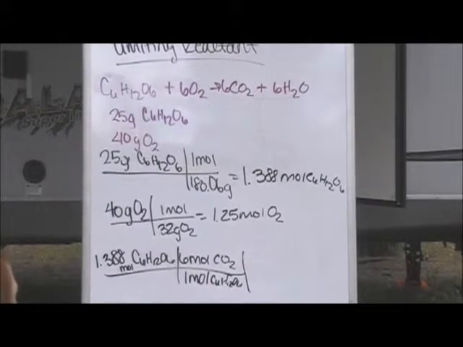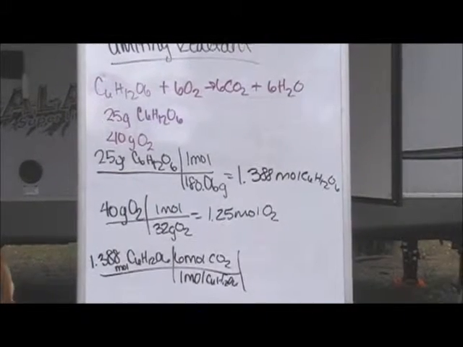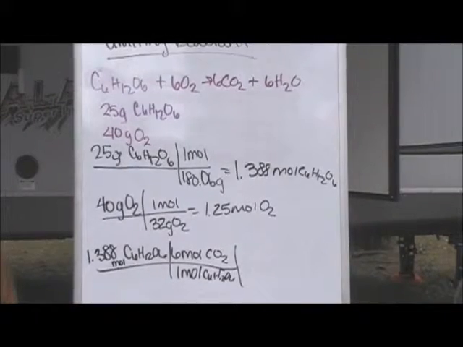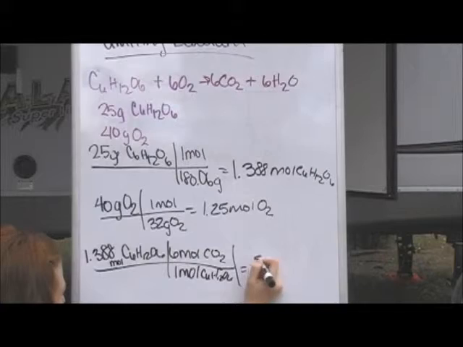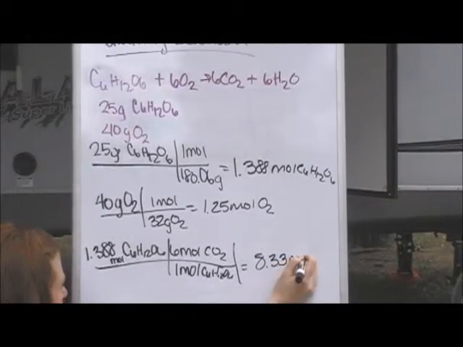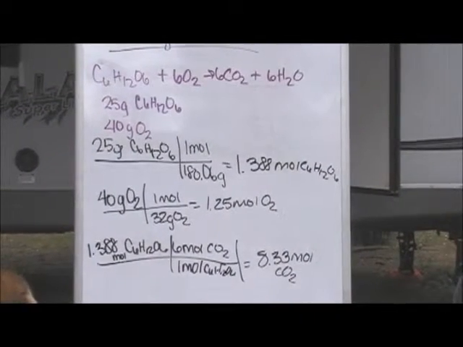So if we take that, we're going to take 1.388 times 6 and divide it by 1. So we are getting 8.33 moles of CO2.